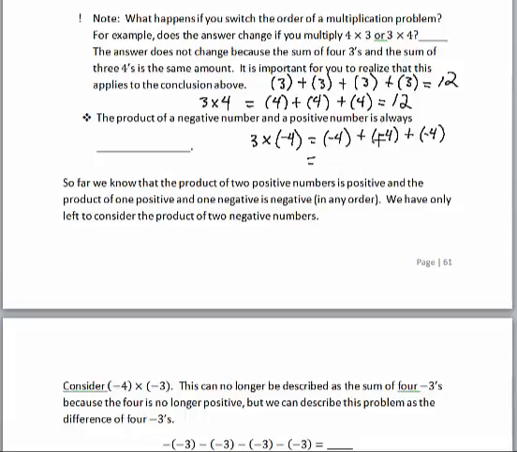And so if we add all negative numbers, we get a negative number as the sum, and 4 plus 4 plus 4 is still 12. Okay, so the product of a negative number and a positive is also negative. Doesn't matter whether the positive or the negative number comes first. If we only have one negative in the product, then it will be negative.